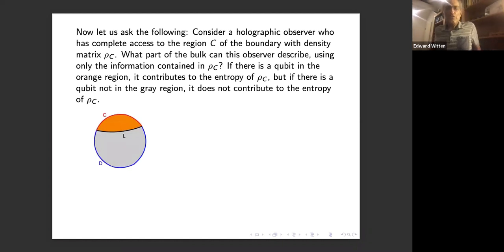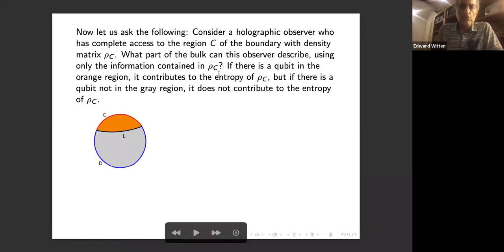I'm only going to give a heuristic answer, which to me is actually more convincing than the technical answers that you can find in the papers. Suppose there's a qubit. A qubit just means a particle, like a spin-half particle, that can have some entropy. Suppose there's something in the orange region.